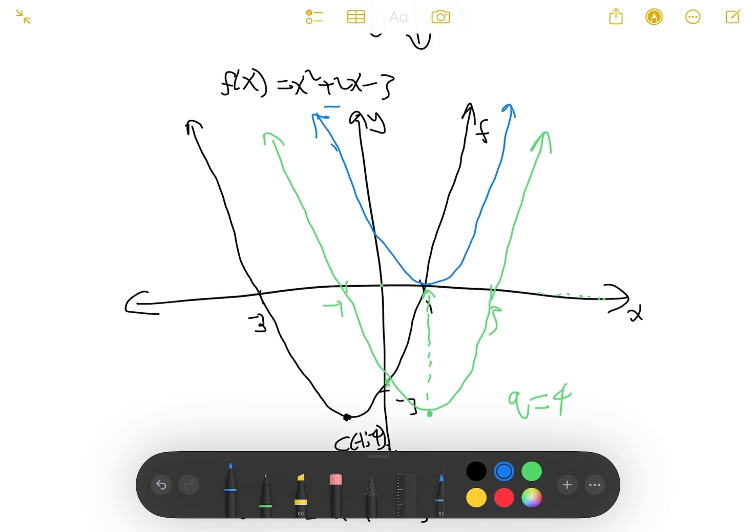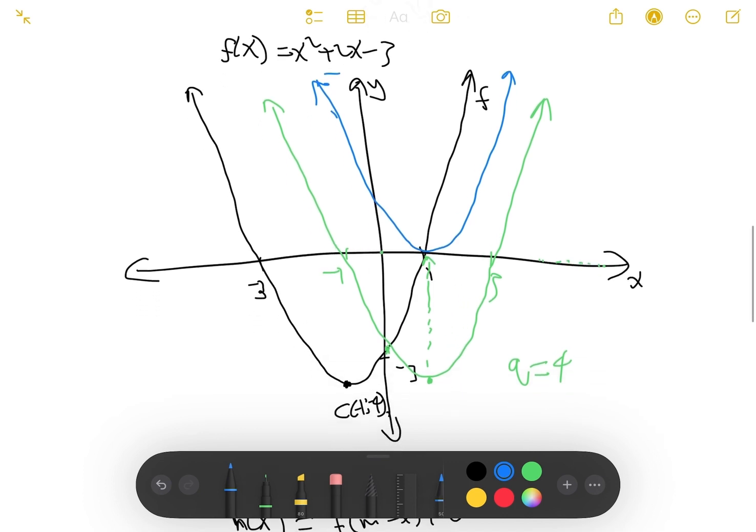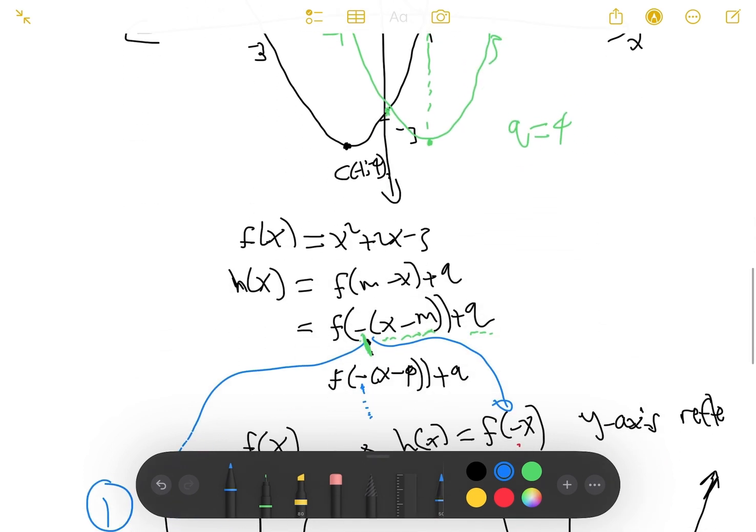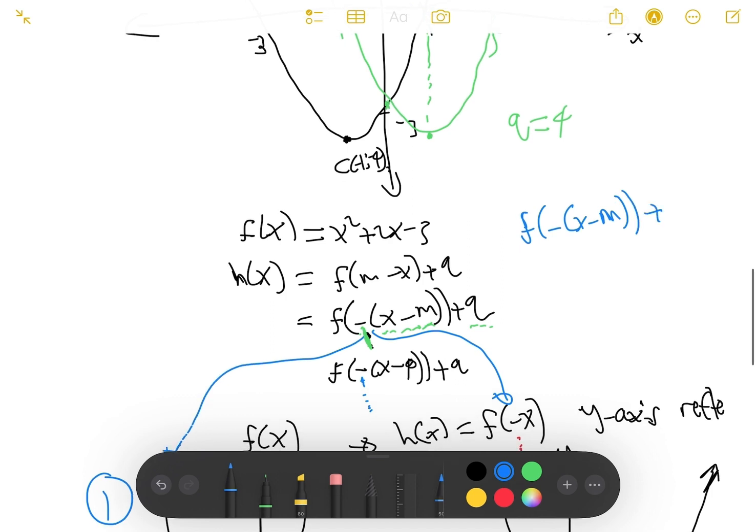But then for it to move to what? For it to then move to the origin, right? Because remember what we have here is f of minus x minus m, plus q.